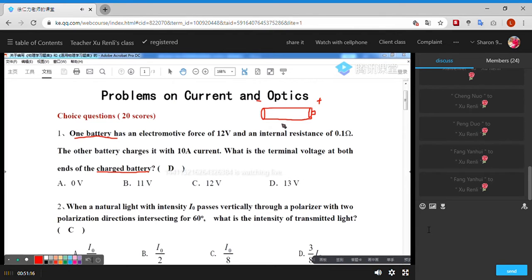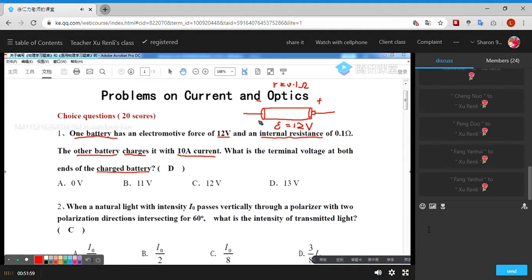This battery has an EMF of 20 volts, and the internal resistance is 0.1 ohm, and this battery is charged by another battery with 10 amperes.